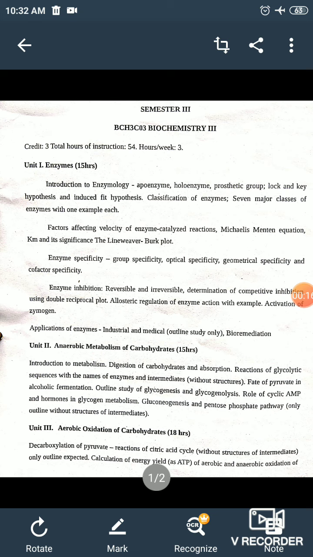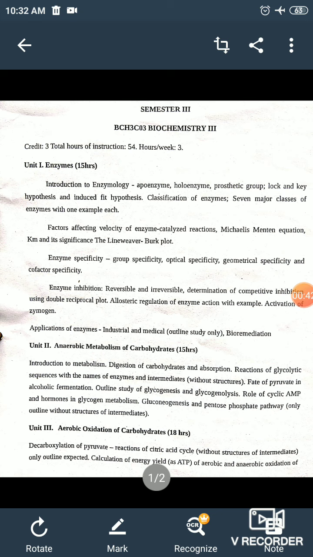So in the last two semesters, we covered the basic principles of biochemistry, which includes the different techniques which are used and also different types of biomolecules. So in the third semester, we have to cover the metabolic aspects of biochemistry.